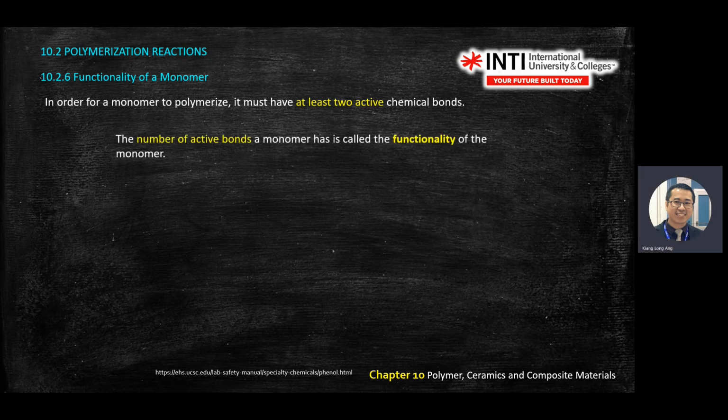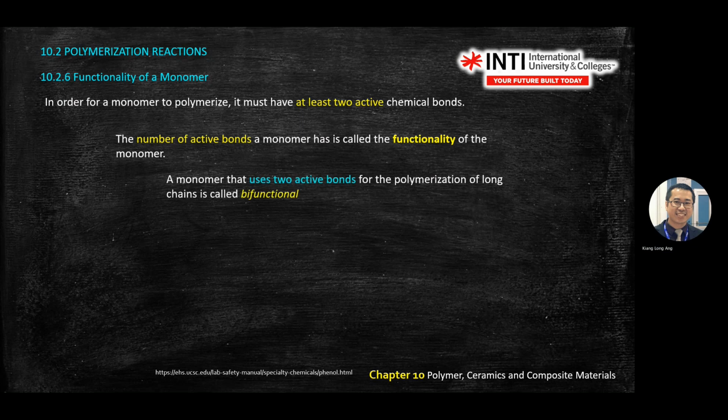In order for the individual monomer to form a chain of reaction, you at least need two active chemical bonds. The number of active bonds, chemically, we call functionality. The word functionality means the number of active bonds that create the long chain.